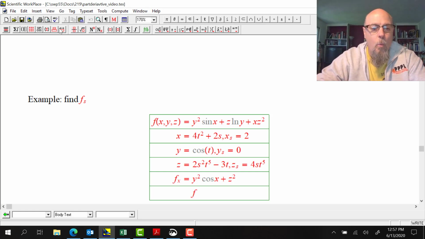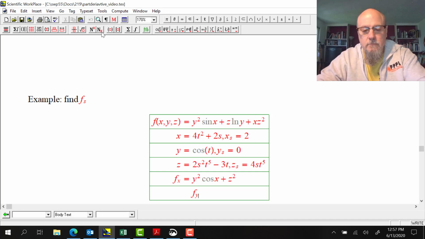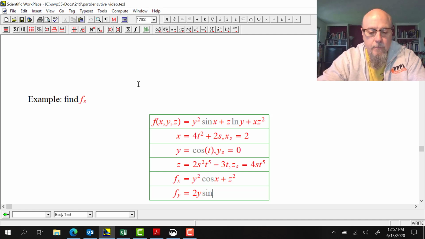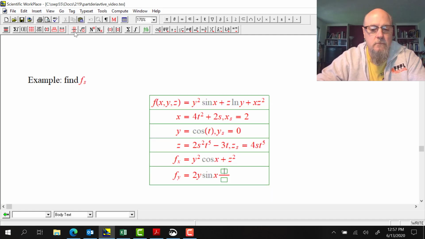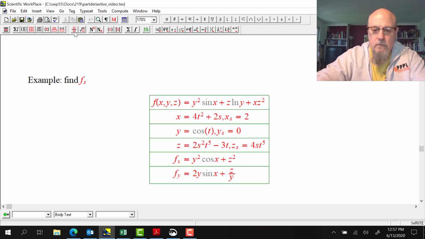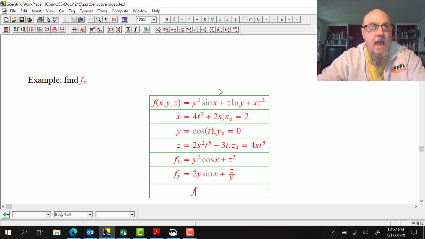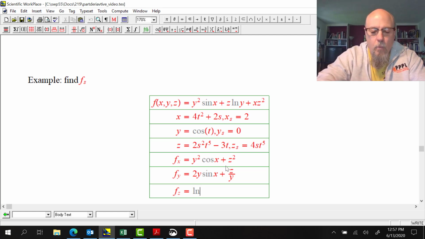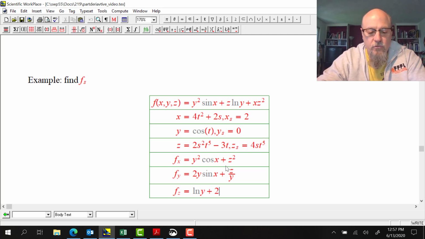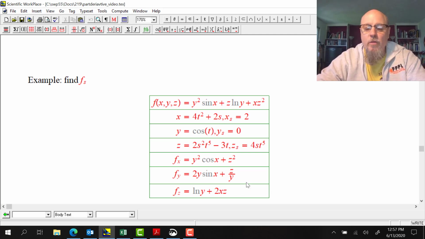I need f sub y, which is going to be 2y sine x plus z over y plus 0. There's no y's in here. And finally, f sub z, which is going to be 0 ln y plus 2xz. Okay, I have all the pieces.